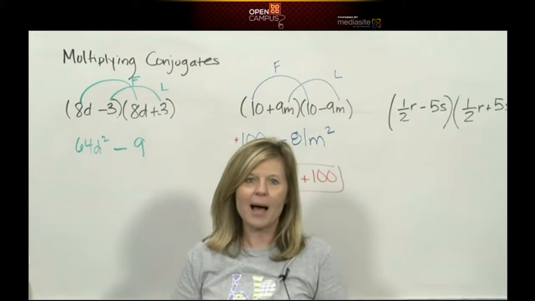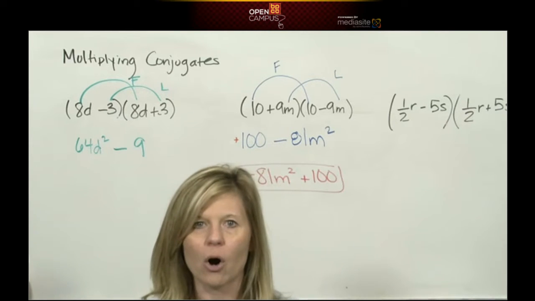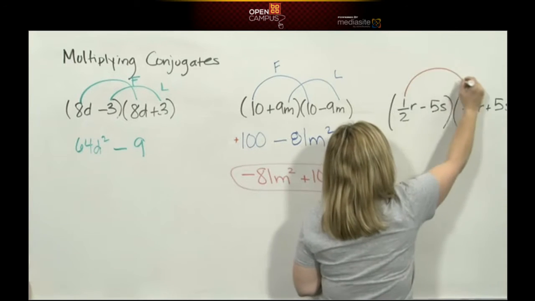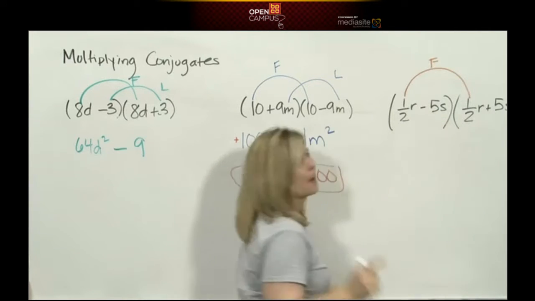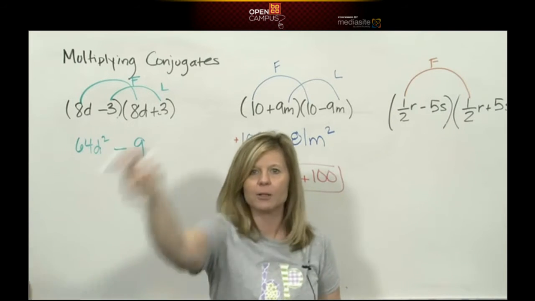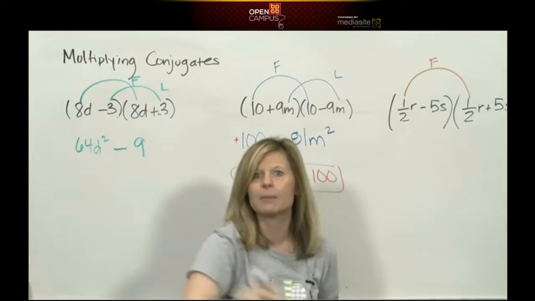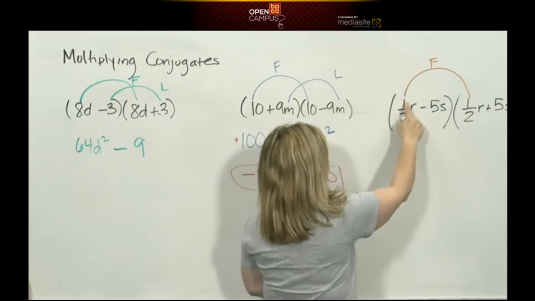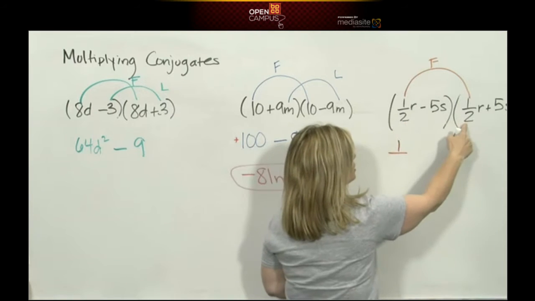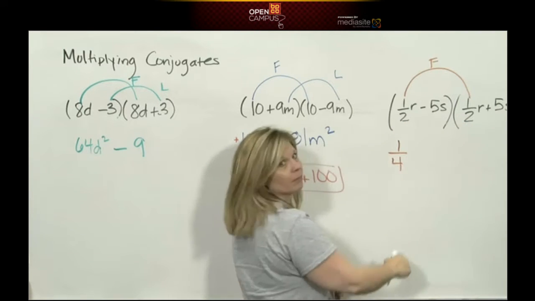So to multiply binomials that are conjugates, all we do is first and last. First, 1/2 r times 1/2 r. Be careful. Multiplying fractions is no problem. Top times top, bottom times bottom. 1 times 1 is 1. 2 times 2 is 4.